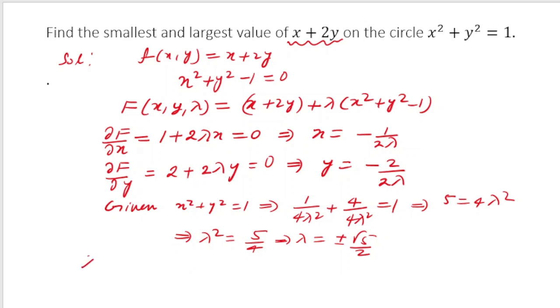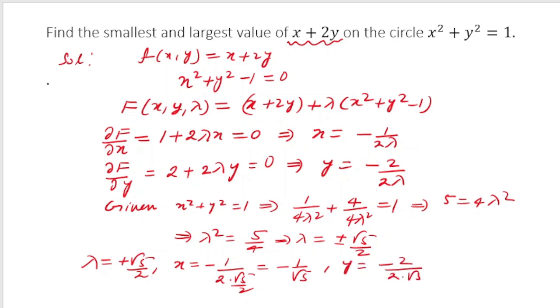First, if I take lambda equal to plus under root 5 by 2, what x will I get? x is minus 1 by 2 times lambda, so I will get minus 1 by under root 5. And what will be y? y will be minus 2 by 2 times under root 5 by 2. The 2 cancels, I will get minus 2 by under root 5.